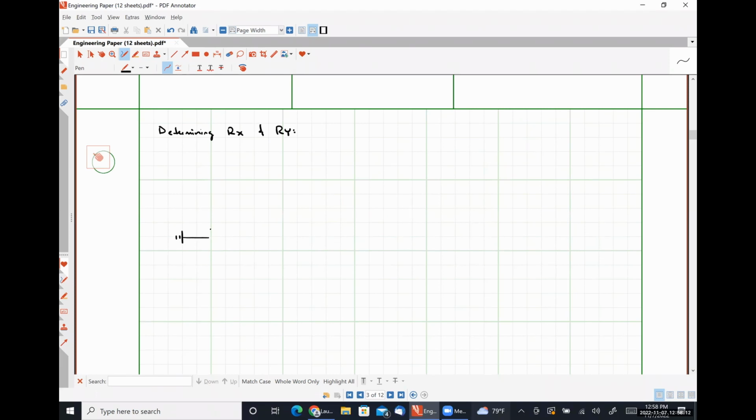I'm going to move this lower so that I'm sure I have enough room. Here's the gate of 1. Here's VGS1. GM, VGS1 in parallel with RO1.